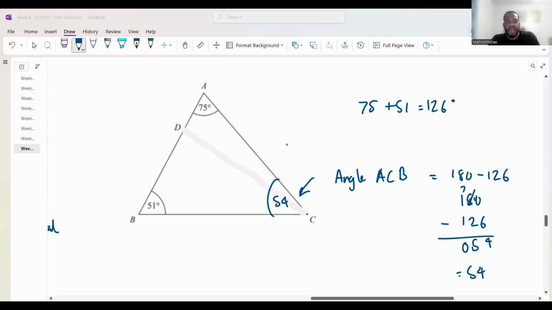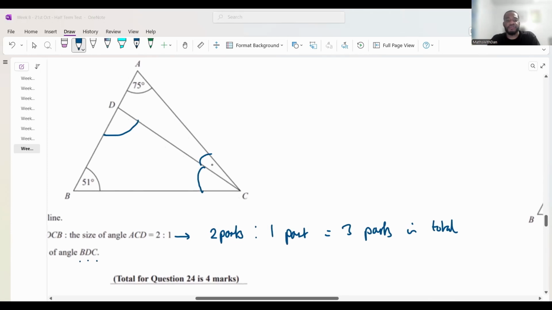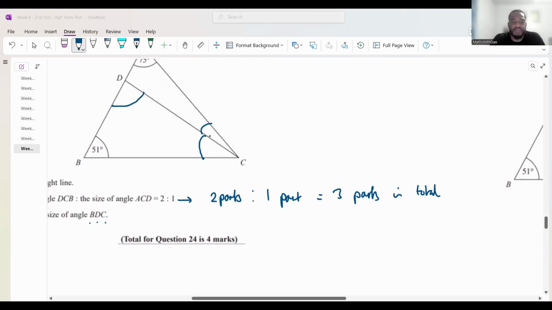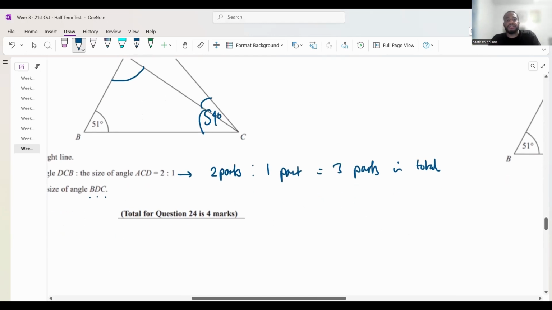Yeah. Okay. So let's go back to our question. That entire angle is 54 degrees. It's been split in two parts. One of them has two parts, one of them has one part. So this whole angle is 54 degrees. Because there are three parts in total, do you guys agree that the three parts must equal 54?